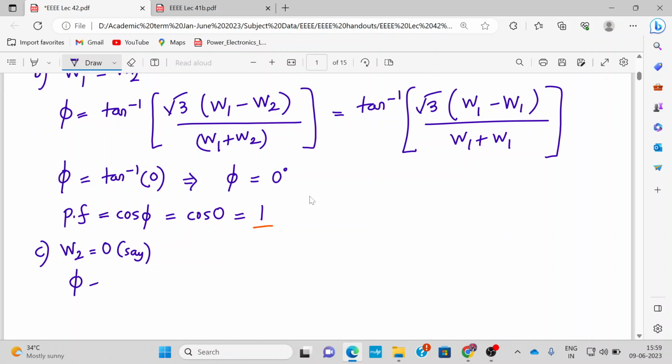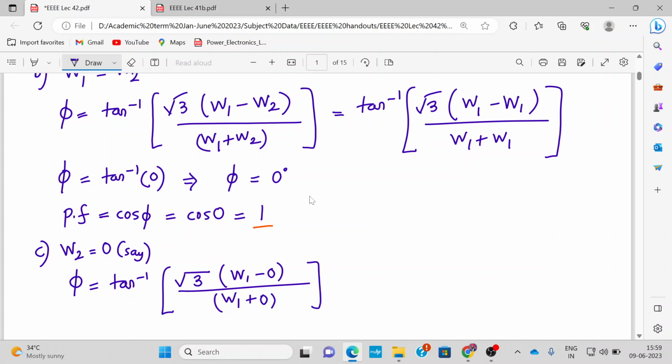Phi is again tan inverse of root 3, we have W1 itself, minus 0 upon W1 plus 0. Alright, so this W1 cancels and you will get tan inverse of root 3.